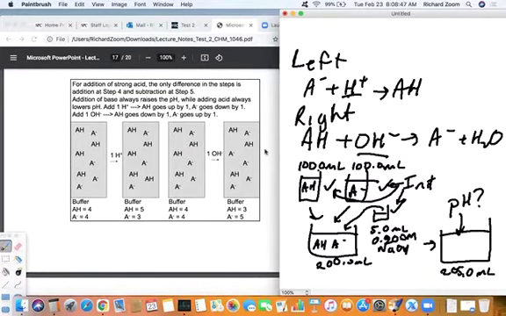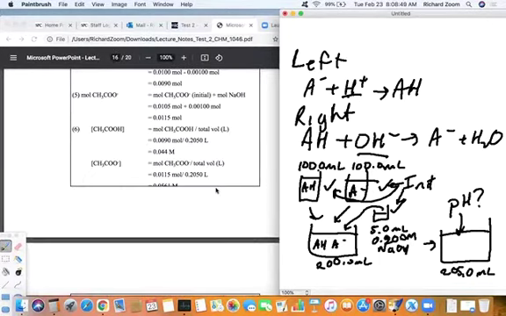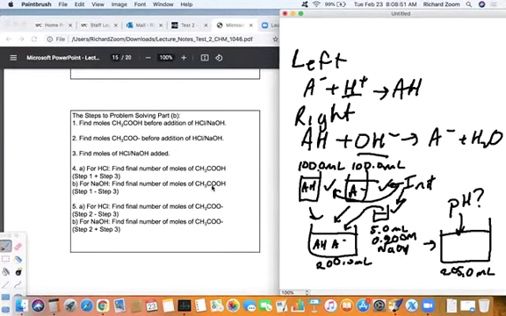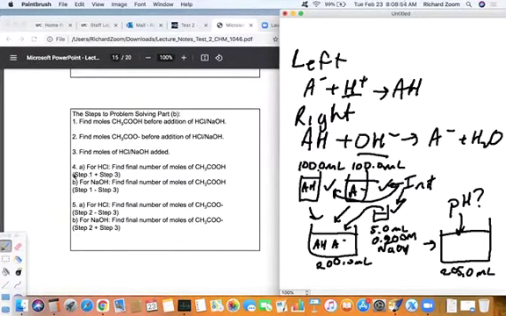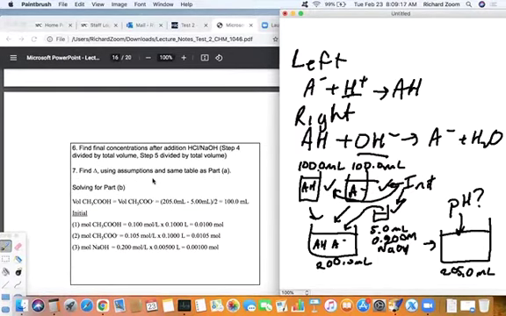If you can understand that, then you can see why, going back to here, the AH goes up, and down here the AH goes down, and in the other one the A minus goes up for the NaOH, and for the HCl the A minus goes down. Does anybody have any questions so far? Okay, I'll show you how we do this in a second.